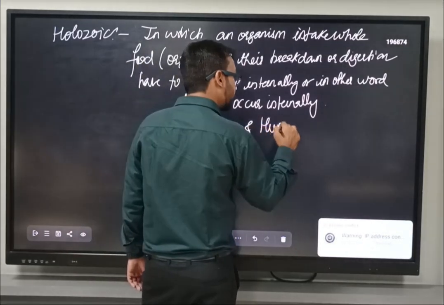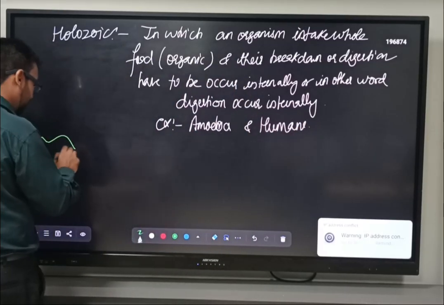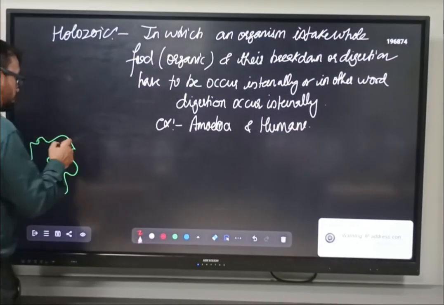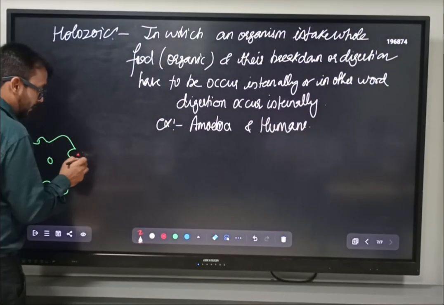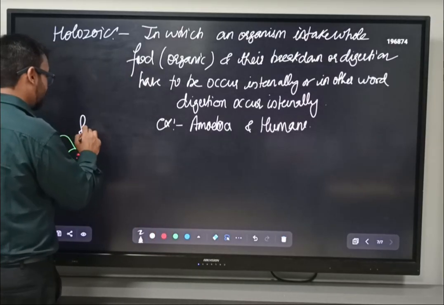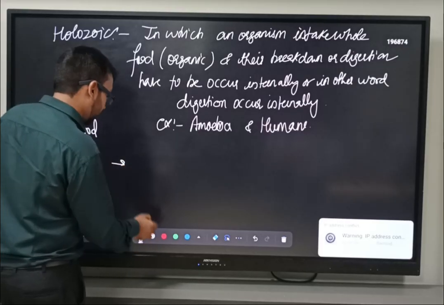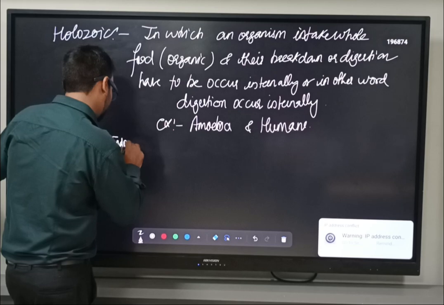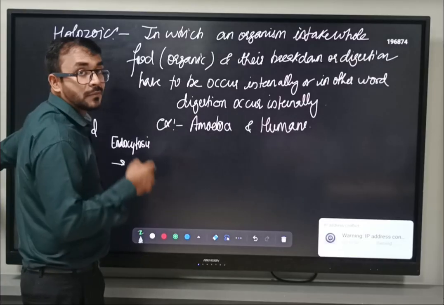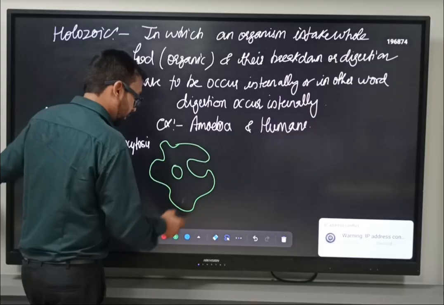and humans. So we have one flow chart of amoeba in the NCERT also, in which amoeba, since it is a single cellular organism and does not have a true mouth, takes in food particles through the process of endocytosis. These food particles are digested by the amoeba itself by creating a false foot that we call pseudopodia.